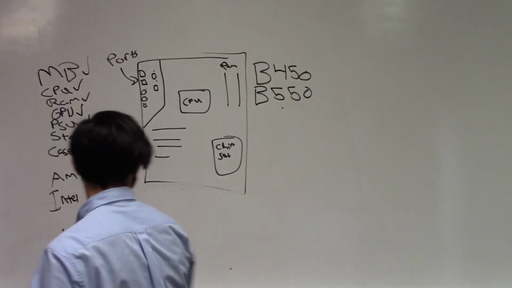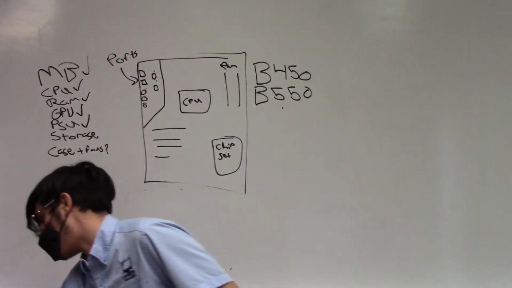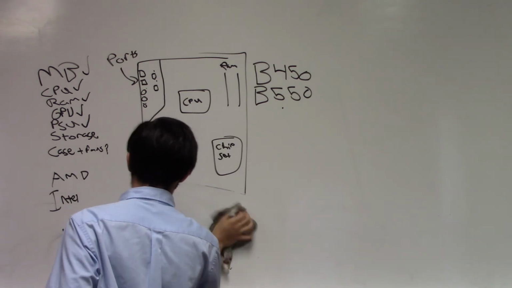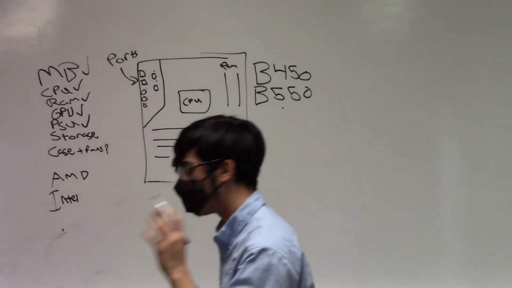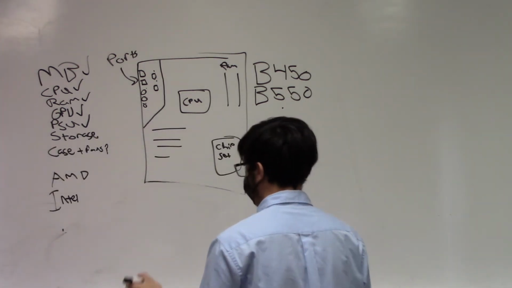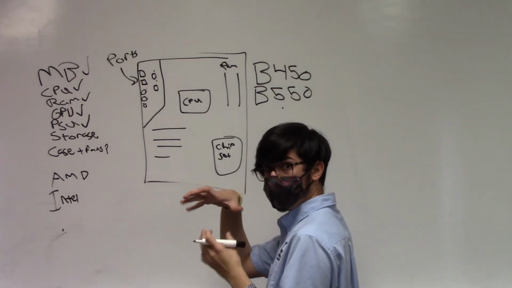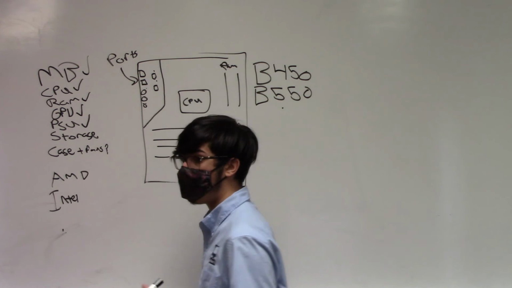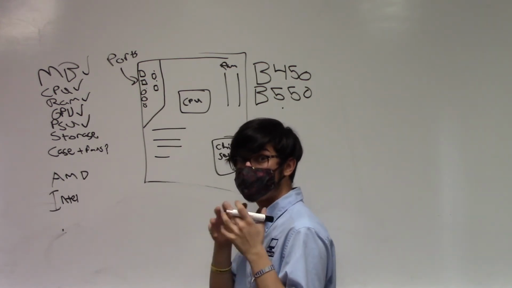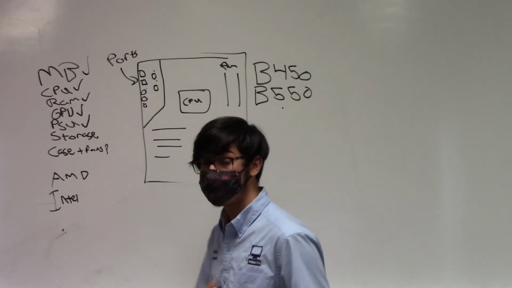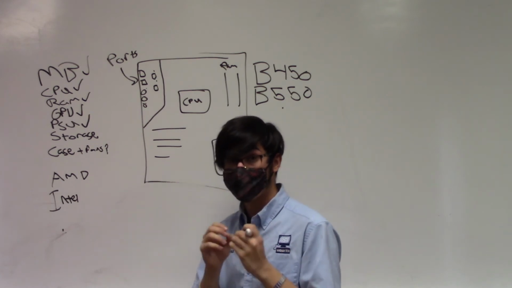Now storage is very important in more than one aspect. You have two forms of storage. You have your hard drives, like those silver hard drives that you see, and then you have your SSD, or solid state drive. Now, solid state is good for loading stuff super fast.